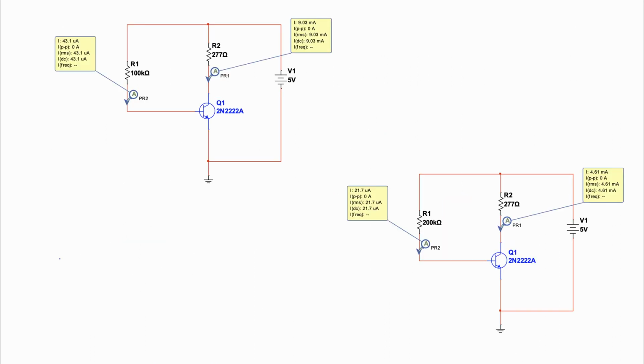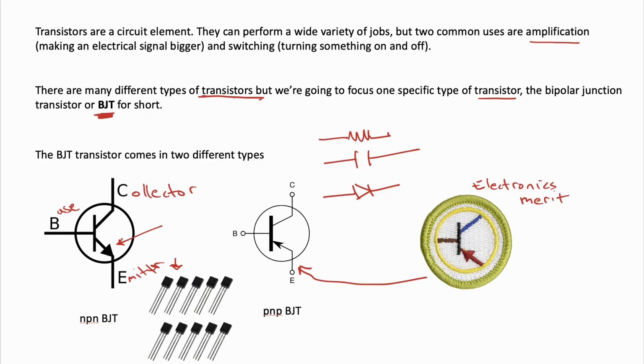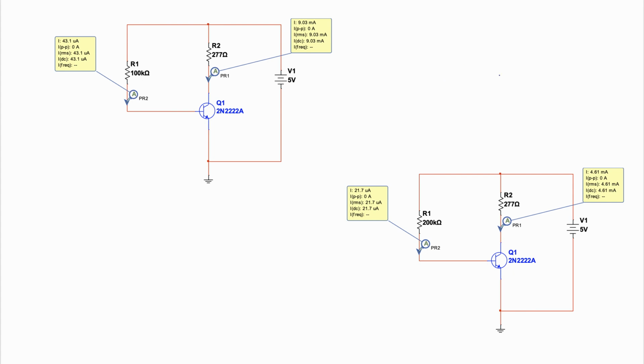And here I've drawn out in a circuit simulation software, again, an NPN BJT, bipolar junction transistor. And if I hook it up into a circuit, this is the base. Remember, this is the emitter, and this is the collector.